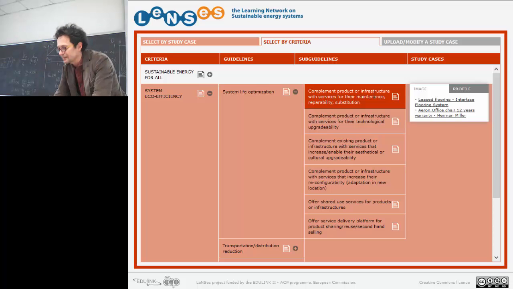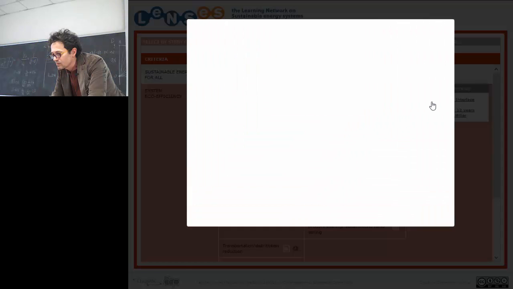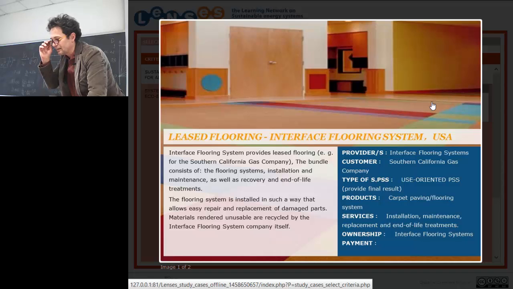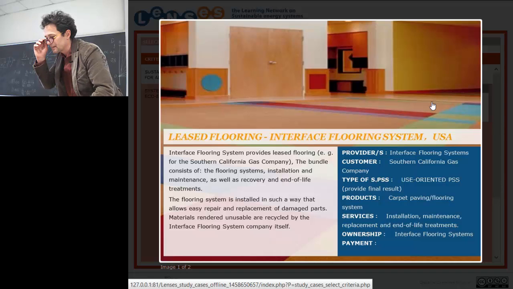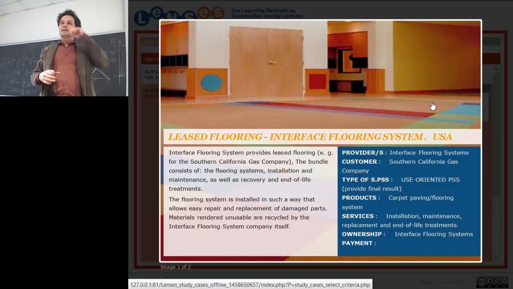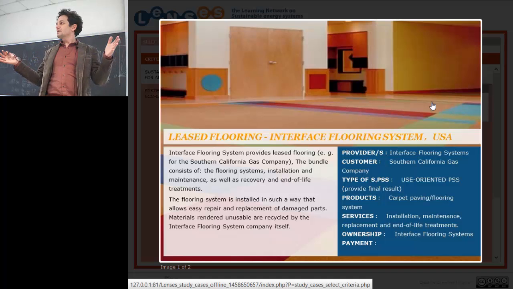I show you another example. This is an interface flooring system. So what they are actually selling as a package is a flooring system together with the maintenance of this flooring system.